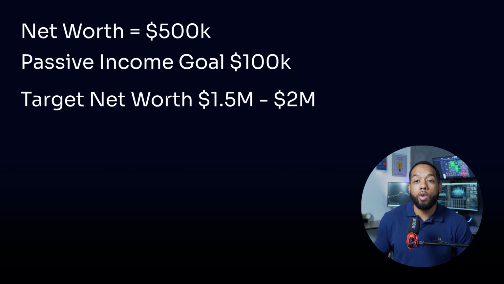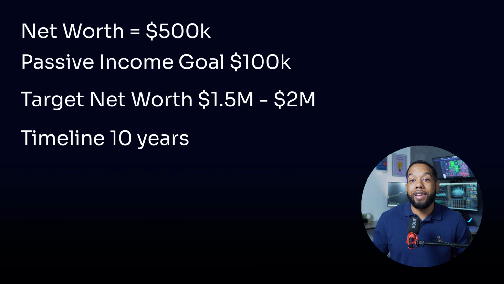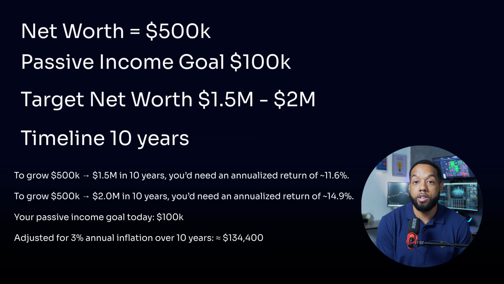So if our target is around $1.5 to $2 million, we then can set our time frame. Let's say our time frame is over the course of the next 10 years, we want to reach this goal. And then we just do some simple math and say, what return do I need to grow $500,000 to $1.5 to $2 million over the next 10 years?